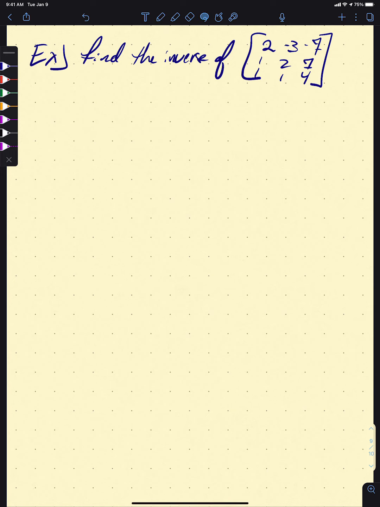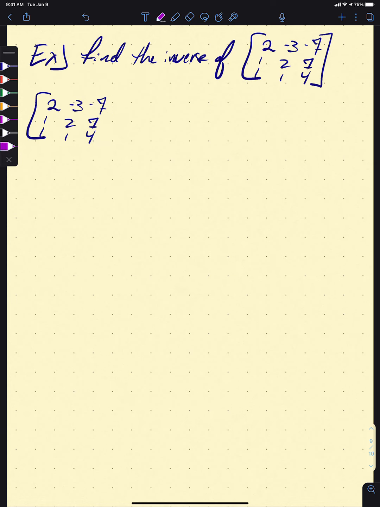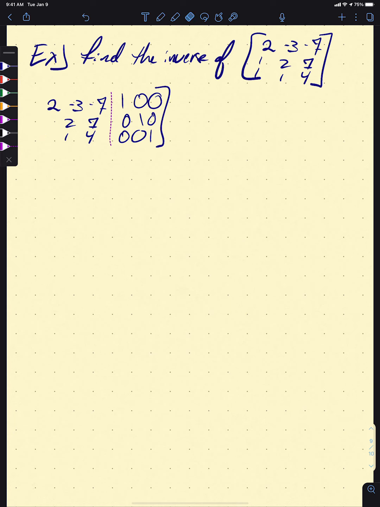And the way that we do this is we take our matrix and we augment it with the identity, so 1, 1, 1, and a bunch of zeros. I know that we're only doing this with examples of 3 by 3s, but this process works in general, right? You could put any size matrix, follow this along, and it would work, okay?